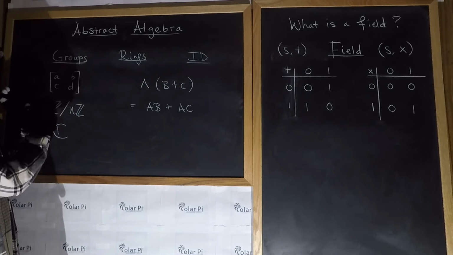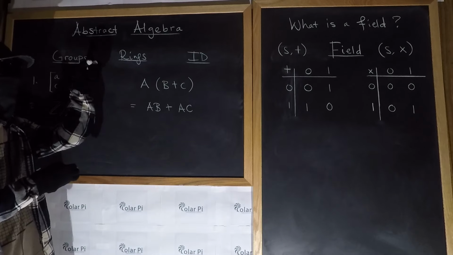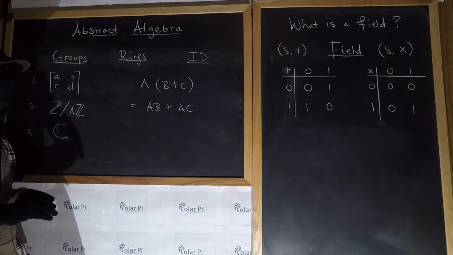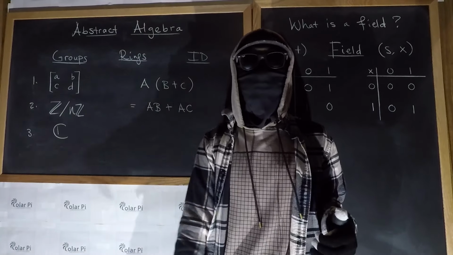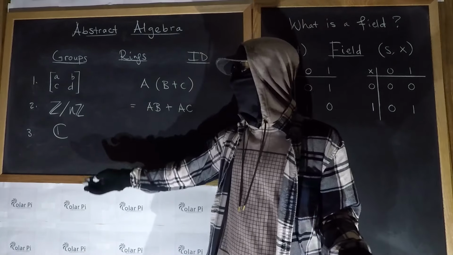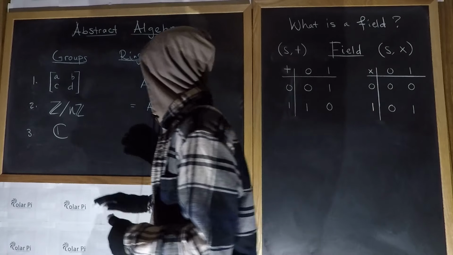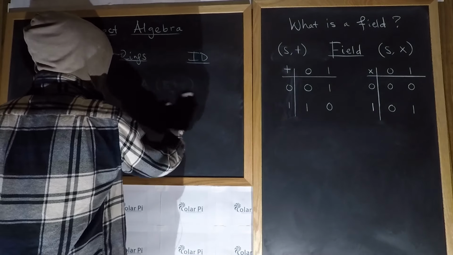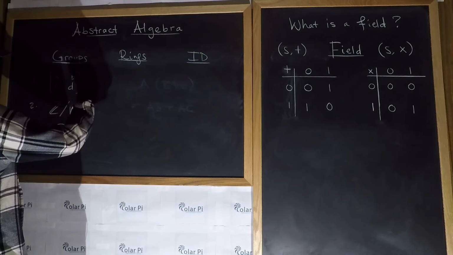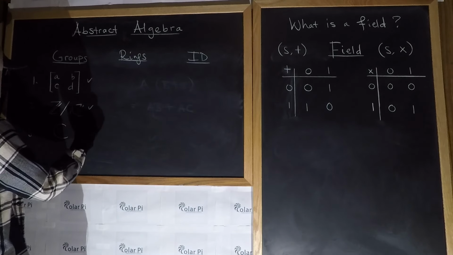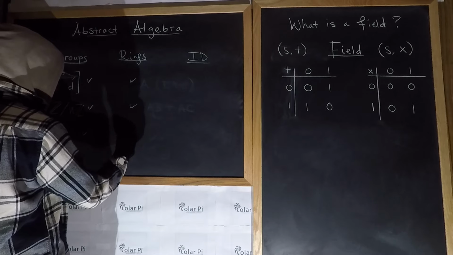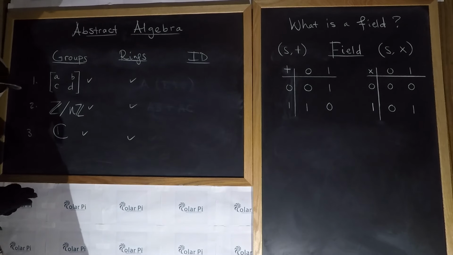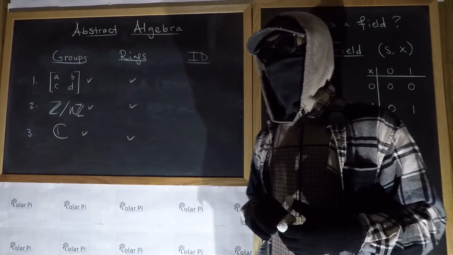That's the crucial additional requirement past the abelian groups that makes you a ring, right? And that's true for the 2x2 matrices. It's also true for the integers mod n, and it's also true for the complex numbers. So everyone advances to rings first. They're all abelian groups with respect to addition, but everyone advances to rings.